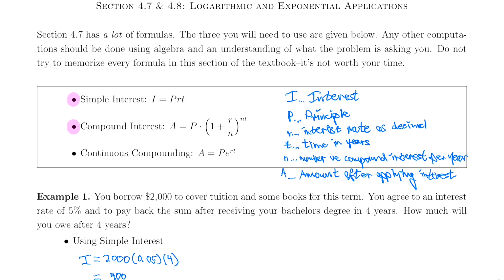Now the last formula that we have is the formula where we continuously compound our interest. We will get into that 2 videos down, where we'll look exactly at how that formula comes about.